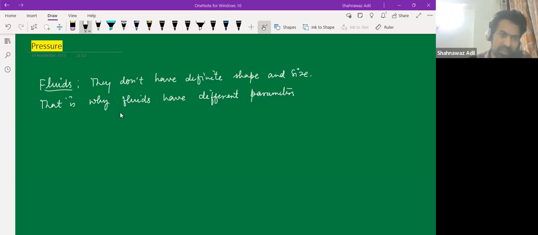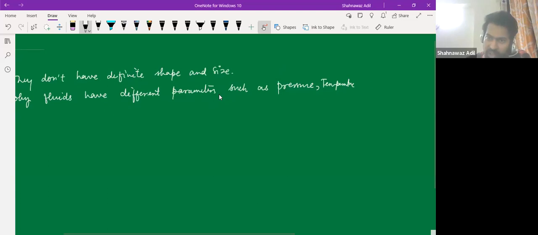So we have just started. Fluids don't have any definite shape and size, so we can't assign our regular parameters like momentum and velocity to these fluids. That is why fluids have different parameters such as pressure, temperature, and number of moles.